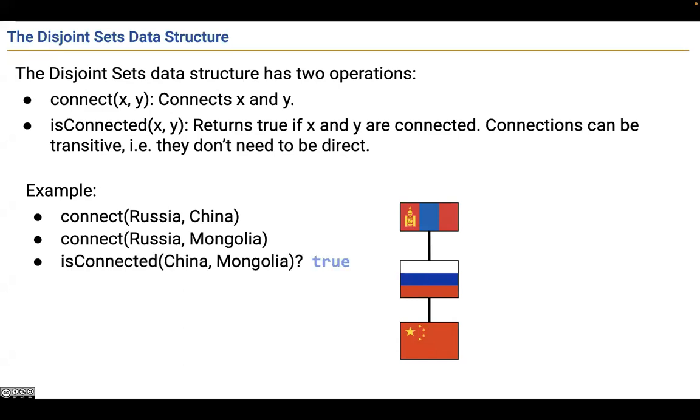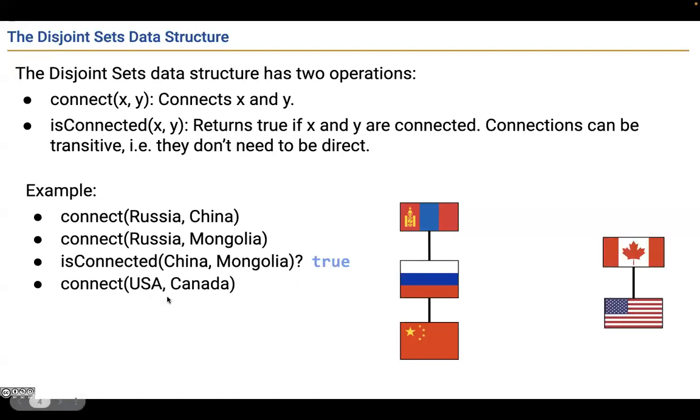And now we can start asking questions like, are China and Mongolia connected? And the tricky thing about this data structure is that even though they are not directly connected, they're connected through Russia, because China is connected to Russia, is connected to Mongolia. So the answer to this is connected question, your data structure needs to be able to keep track of all this stuff and answer true.